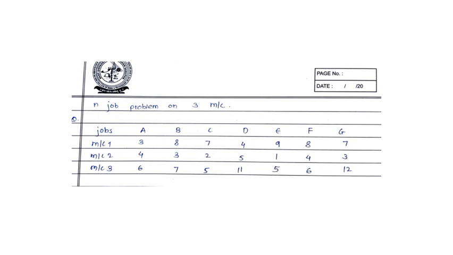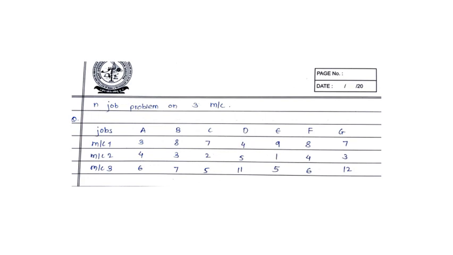The smallest time of machine 1 should be greater than or equal to the largest time on machine 2, and the second one is the smallest time on machine 3 should be greater than or equal to the largest time on machine 2. For converting a three machine problem into a two machine problem, one of these two constraints has to be satisfied.